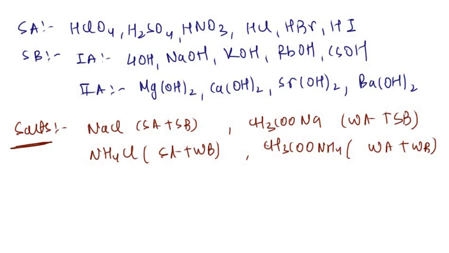Now let's come to the categorization of the second type of electrolyte, known as weak electrolyte. So let's jump into the second type of categorization of electrolytes on the basis of degree of dissociation, that is weak electrolyte.